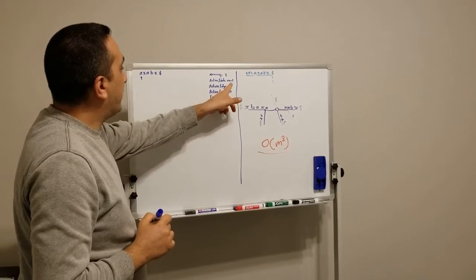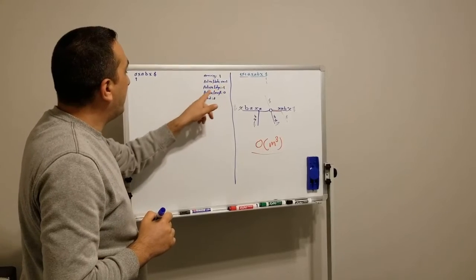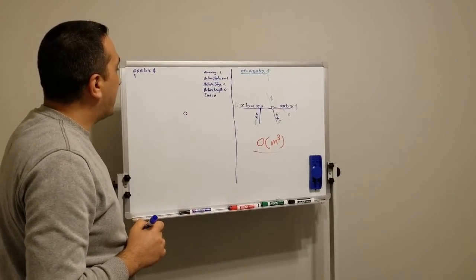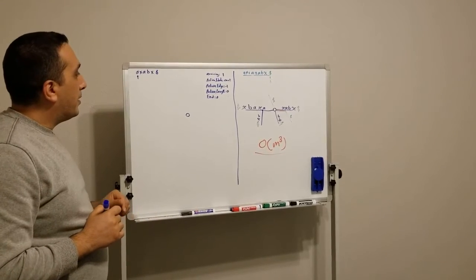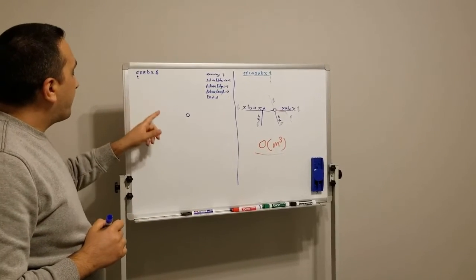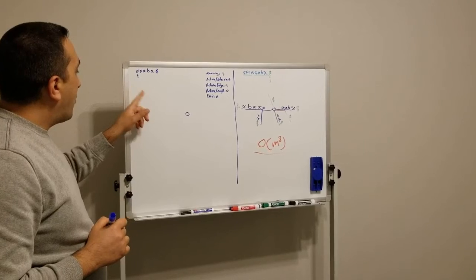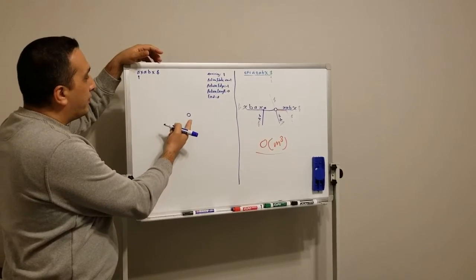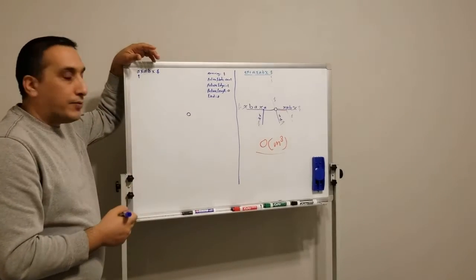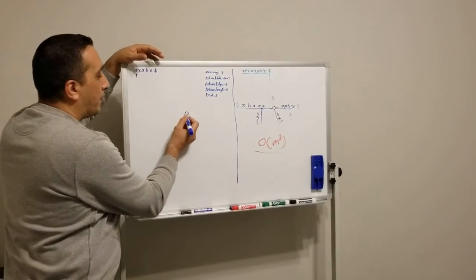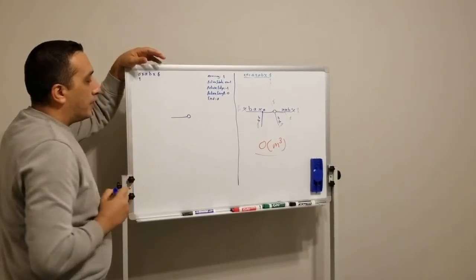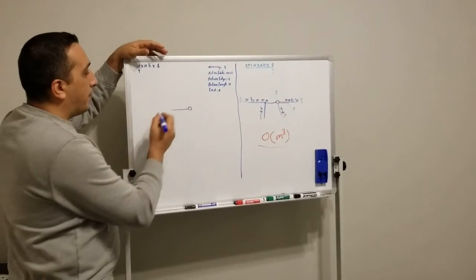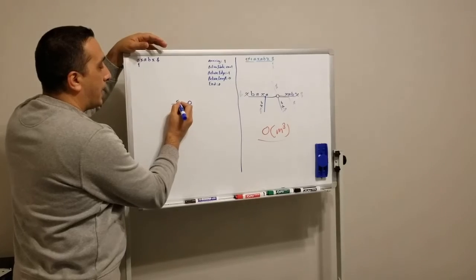So the active node is root, the active edge is going to stay the same, and the active length is going to stay the same. And all right, so now we need to check if there is a path from the root node to the character A, which obviously we don't have, and therefore we're going to create a leaf edge and label it as an A.